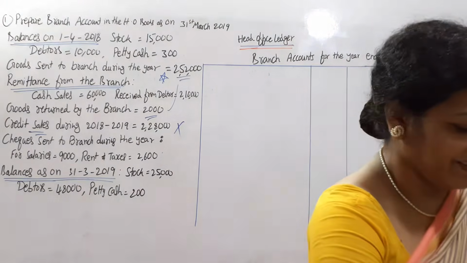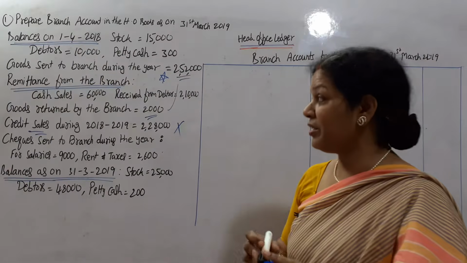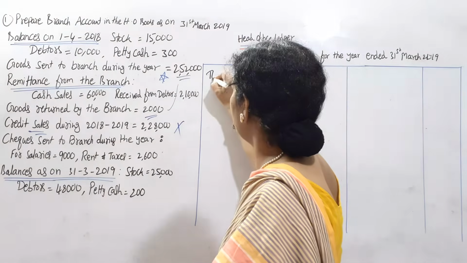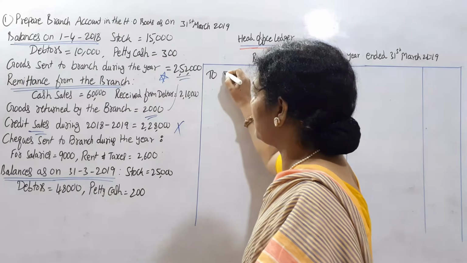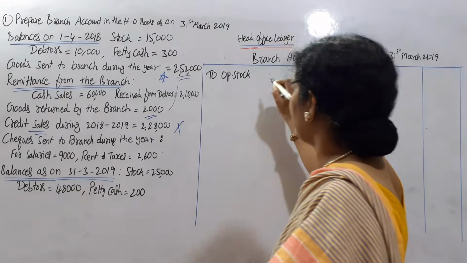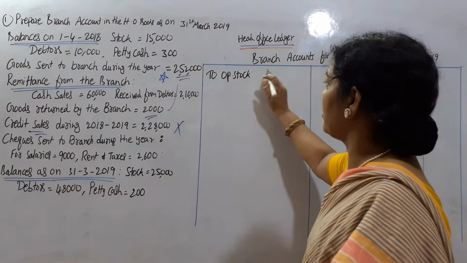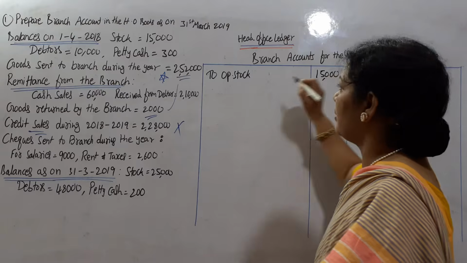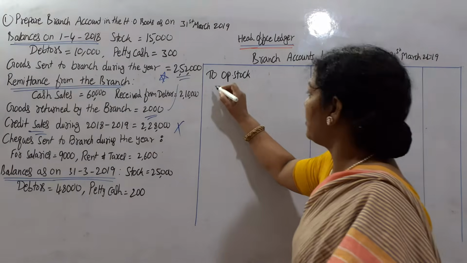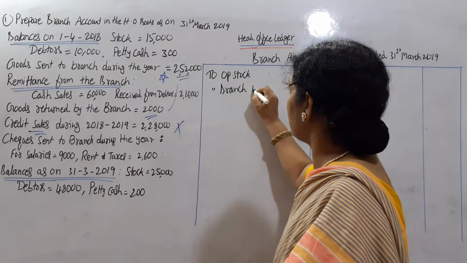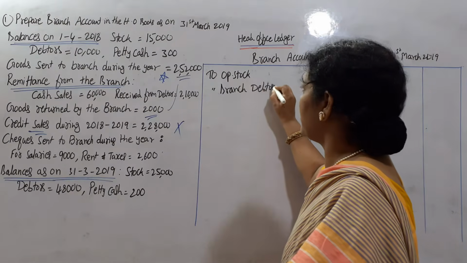Yes. So let me take each and every transaction. First, balances. So we'll say opening stock, or you can say branch stock, 15,000. In the same way, branch debtors, 10,000.